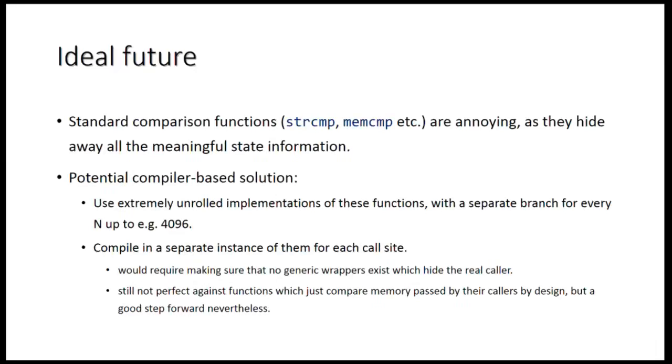The other part of the ideal feature would be that for the standard comparison functions, which are very annoying, we could have a compiler-based solution for having a separate piece of code in the assembly for each of the calls of those functions in the code, which would help us get some more granular information as well.